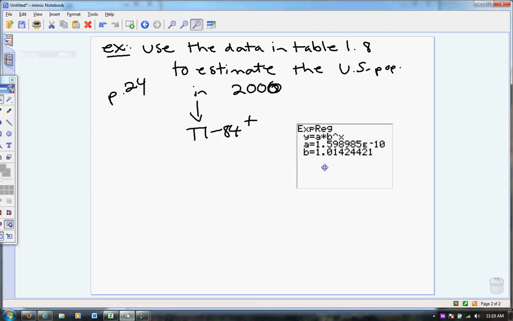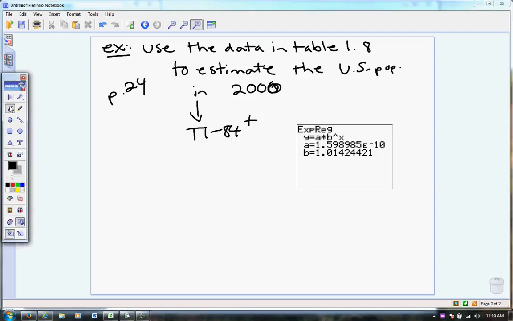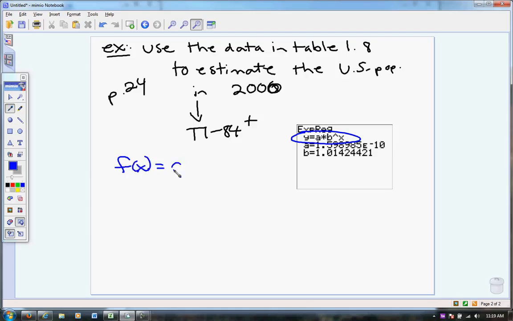So we have used the graphing calculator to get a regression equation, and the nice thing is they actually give us the base form of this. All right. So our base form is f of x equals a times b to the x. So then we just fill in. I've got this 1.598.